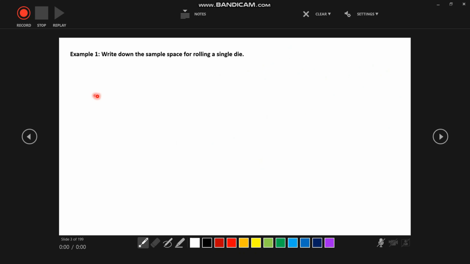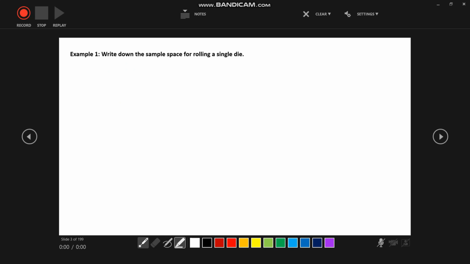Now we have this as example one. The question says we should write down the sample space for rolling a single die. So if you roll a die, we should find the sample space. Now a die has six sides. So when you roll a die, it's either the first side shows, the second, the third, the fourth, the fifth, or the sixth side.